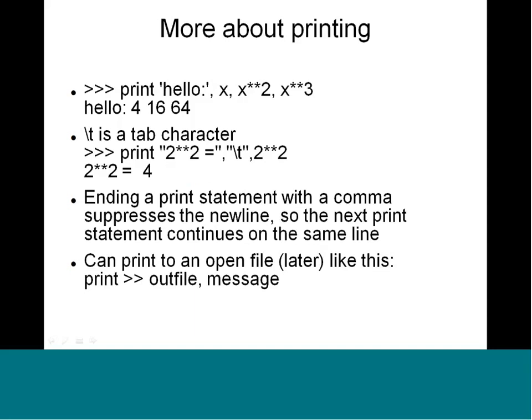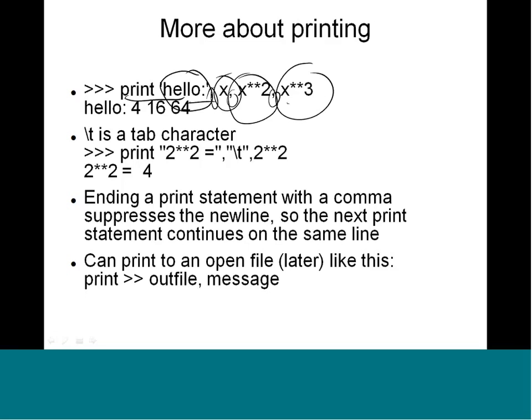So now let's look at some more on printing. Here we say print hello, then we specify a comma and then x, x**2, x**3. What this means is essentially it is going to print the string hello, followed by whatever the value of x, then x to the power 2, which is x squared, and then x cubed.